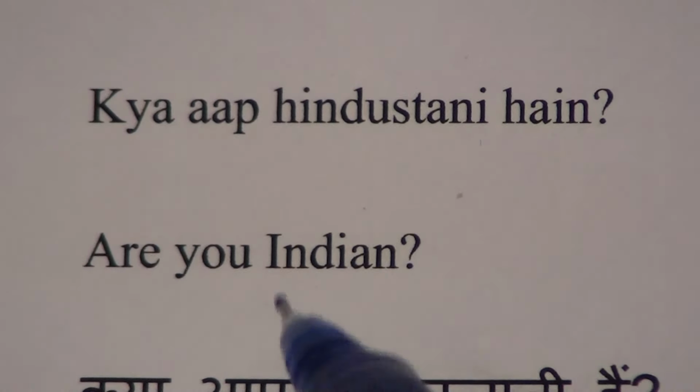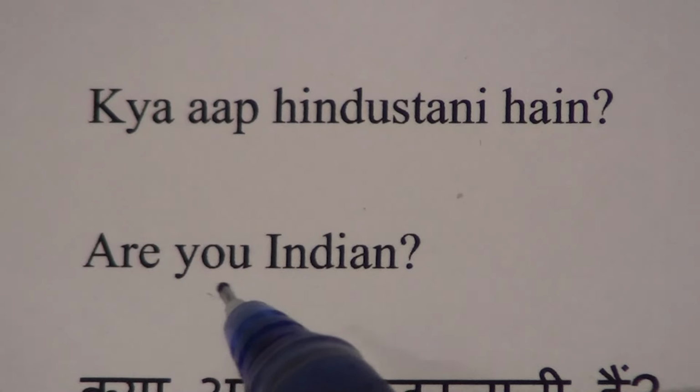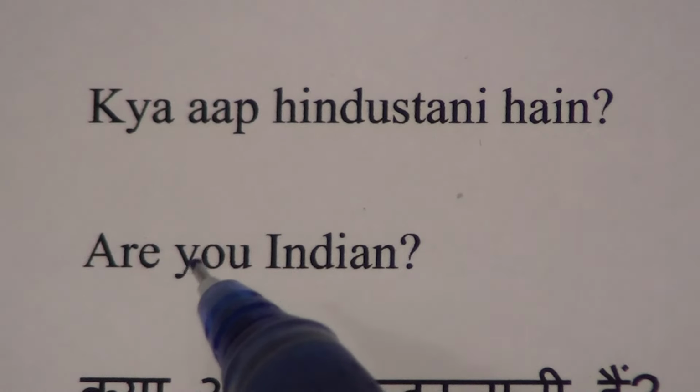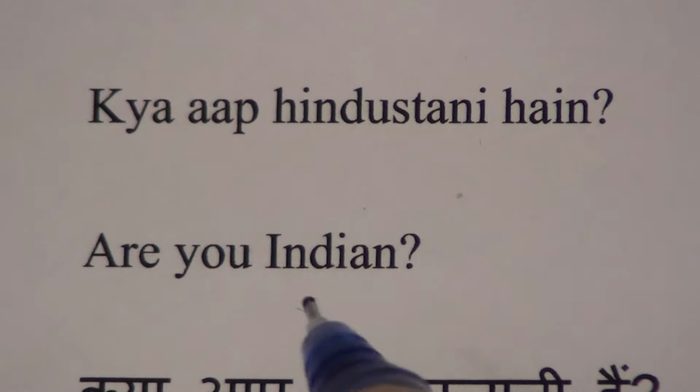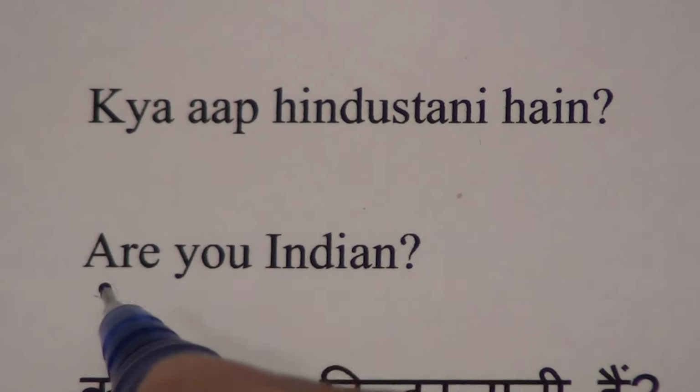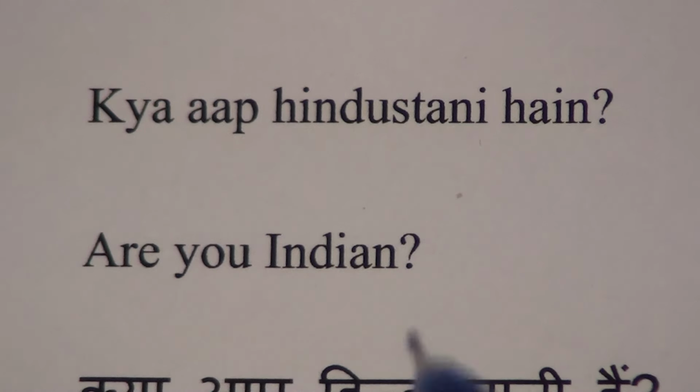Are you Indian? You are Indian. It means आप हिंदुस्तानी हैं. And we have put the auxiliary verb before the sentence. Now it is: are you Indian? Now it has been changed into an interrogative.